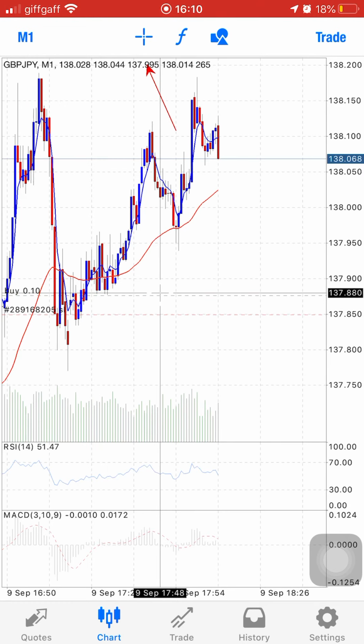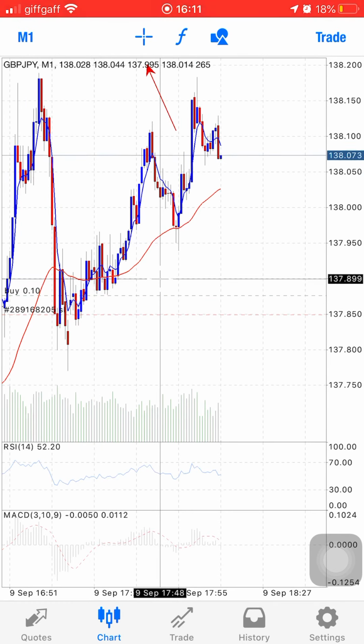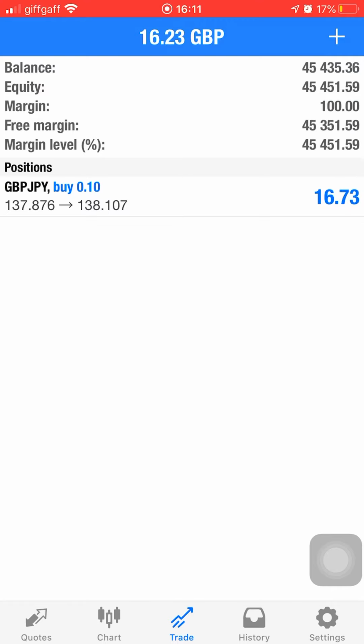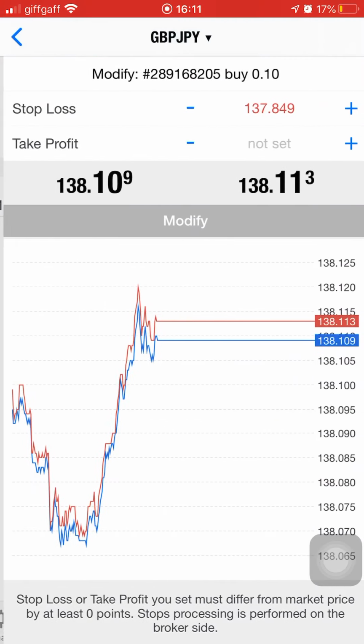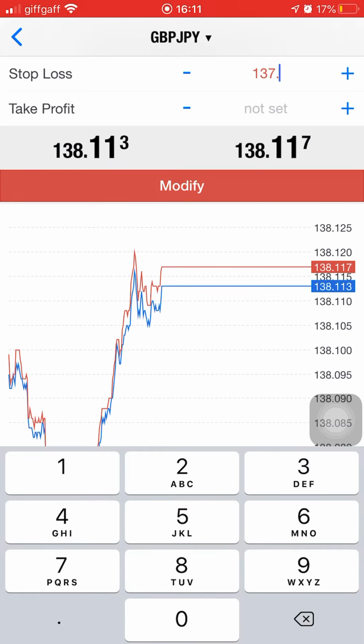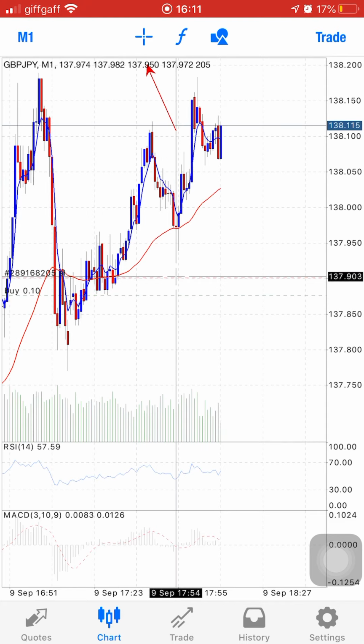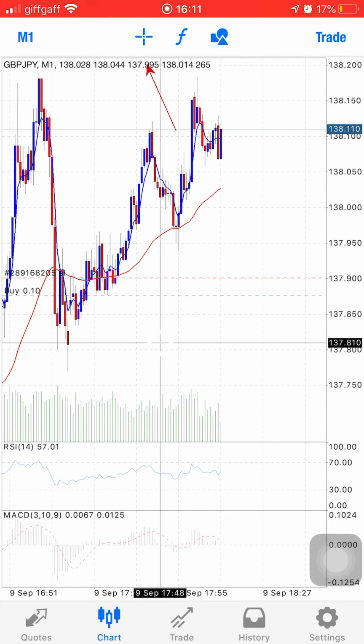Right now I want to put my stop loss up here, and I know the price up there is 137.901, the number in black on the right hand side. Now I'm going to change my stop loss and protect my trade. I'm going to go to modify and enter 137.901. Now my stop loss is up here.